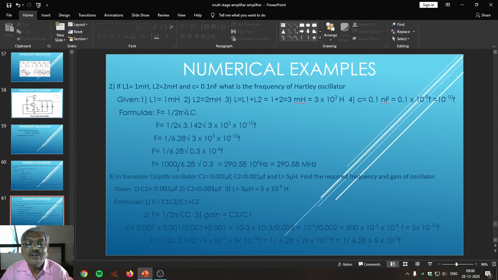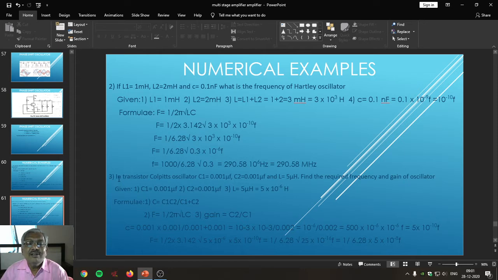If you solve this, you will get about 290.58 into 10 raised to 3 hertz in this working. So this is a method to solve the example. If you feel there is any mistake in solving the example, try to see it yourself and correct it, and please tell me about the same.